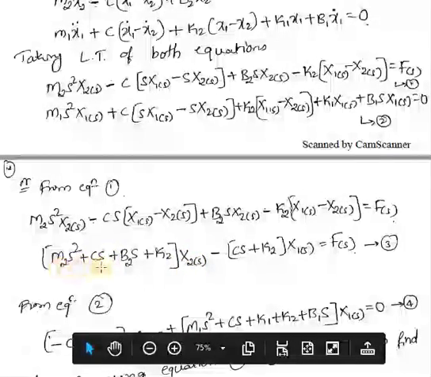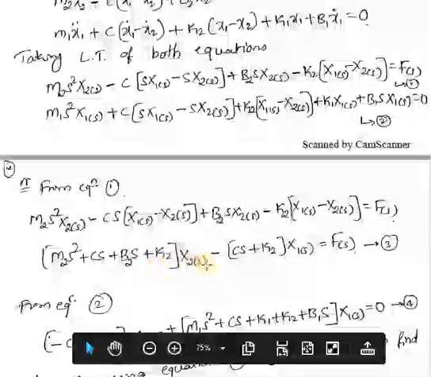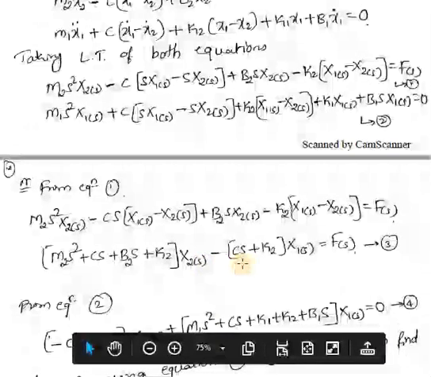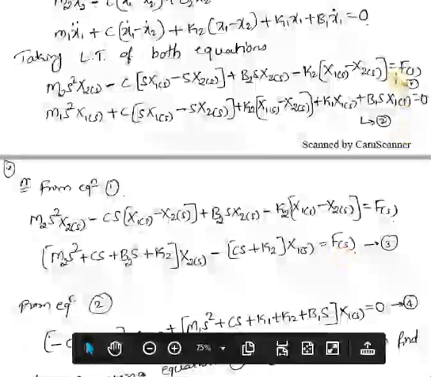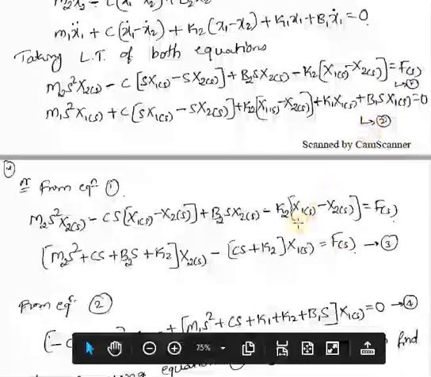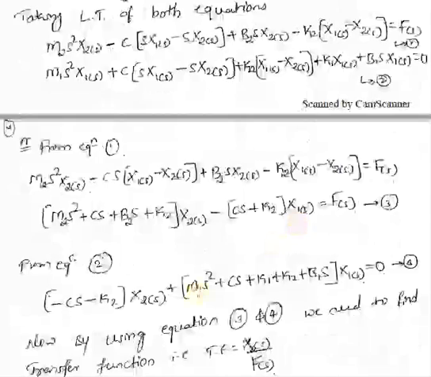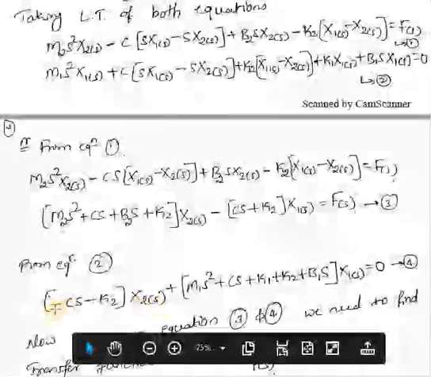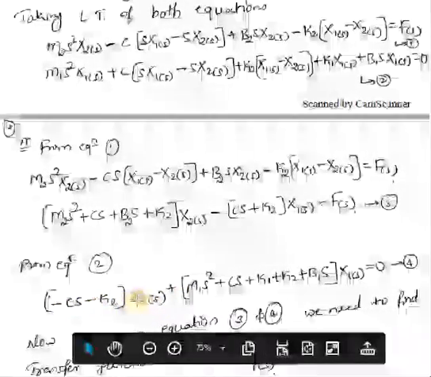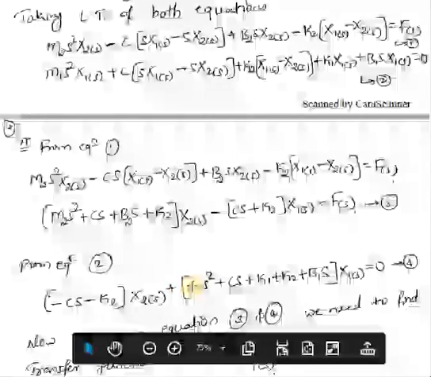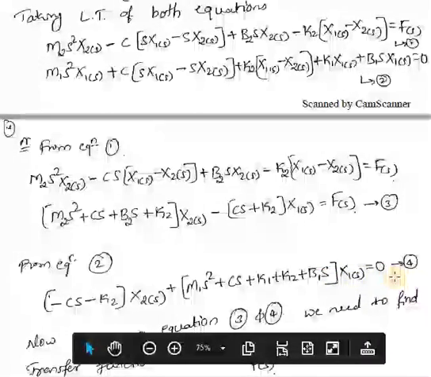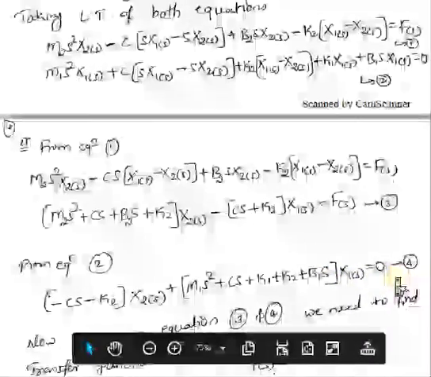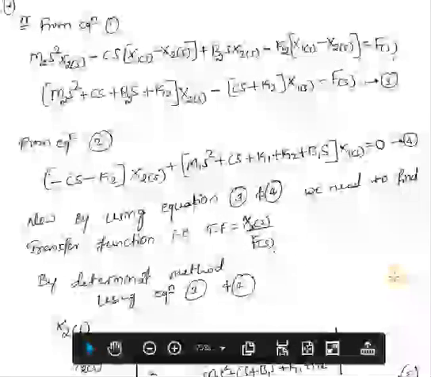So m2 s square plus cs plus b2 s plus k2 into x2 of s, minus cs plus k2 into x1 of s, equal to f of s. This is from the first equation. Now from the second equation, I will take x2 of s as common. So I am left with minus cs minus k2 into x2 of s plus m1 s square plus cs plus k1 plus k2 plus b1 s into x1 of s equal to 0. Let us name these equations as 3 and 4.